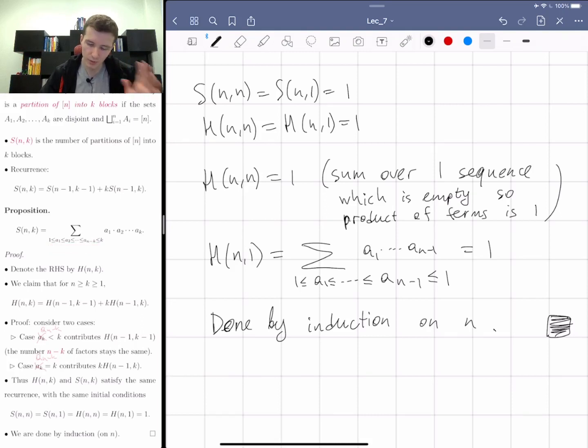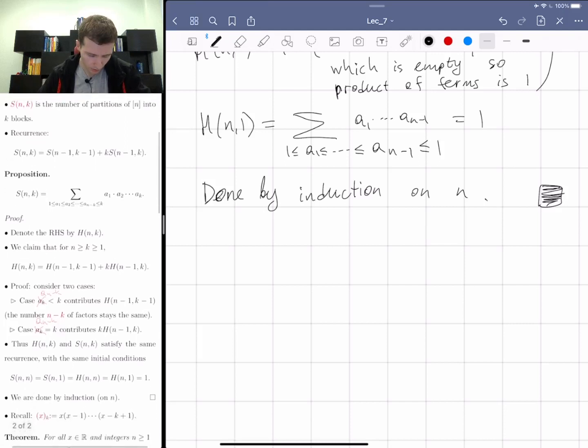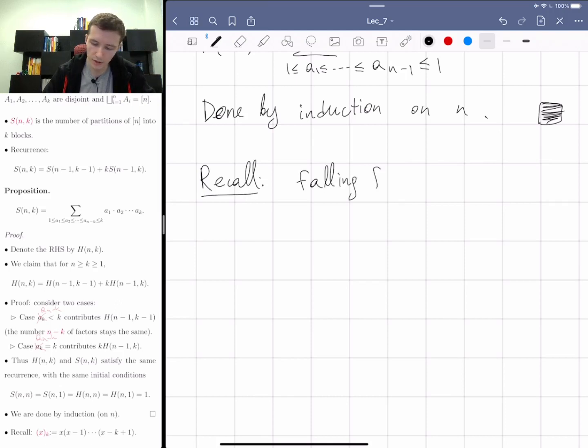But while I'm here, let me also mention another nice interpretation of these Stirling numbers. For that you need a little bit of linear algebra, but not too much. Let me remind you that we have these falling factorials: bracket x sub k is x times x minus 1 times etc. times x minus k plus 1.